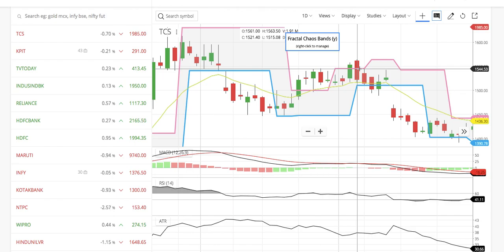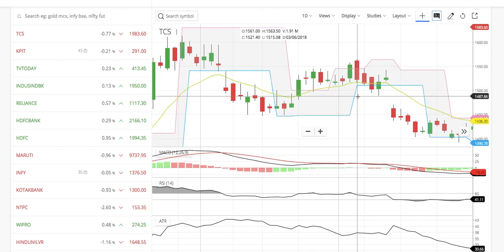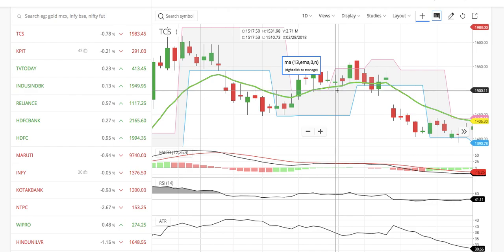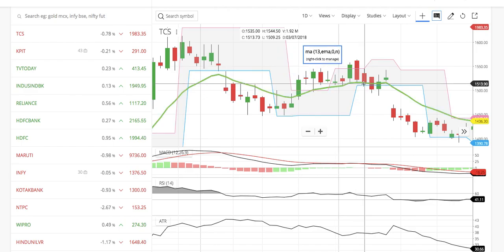If it has not gone to 1580, we will exit at the 13-day moving average. Any candle closing below the 13-day moving average, in this case the close of this is 1513, which means you bought at 1500 and you exited at the close of this, which is 1513. 13 points profit on both the lots.